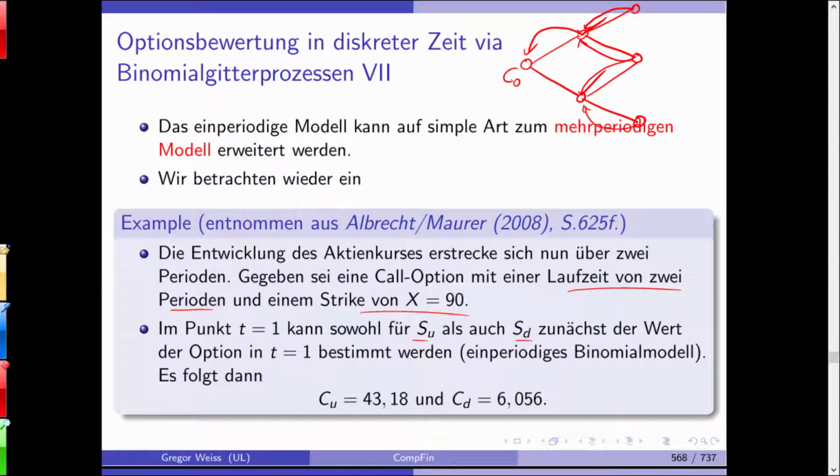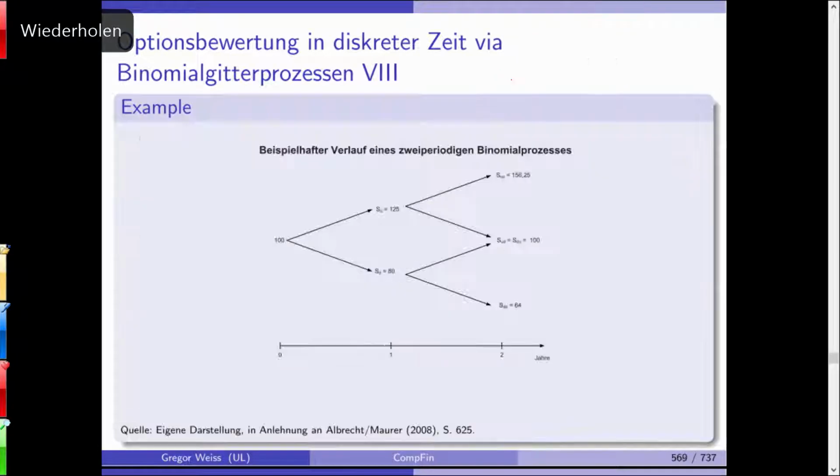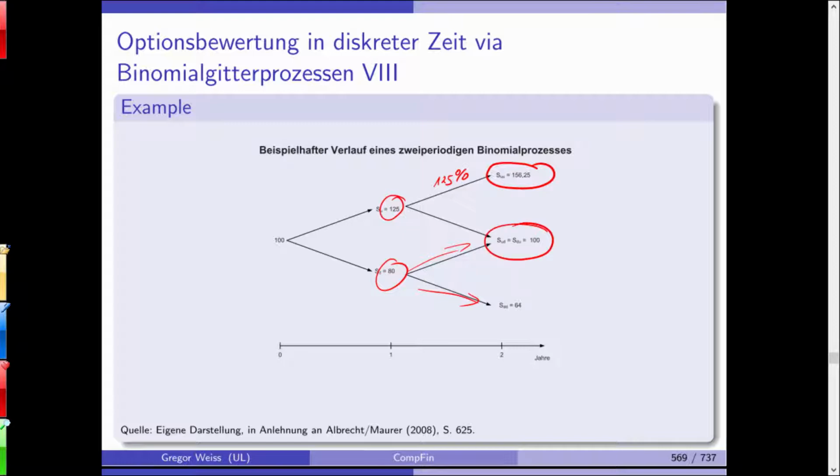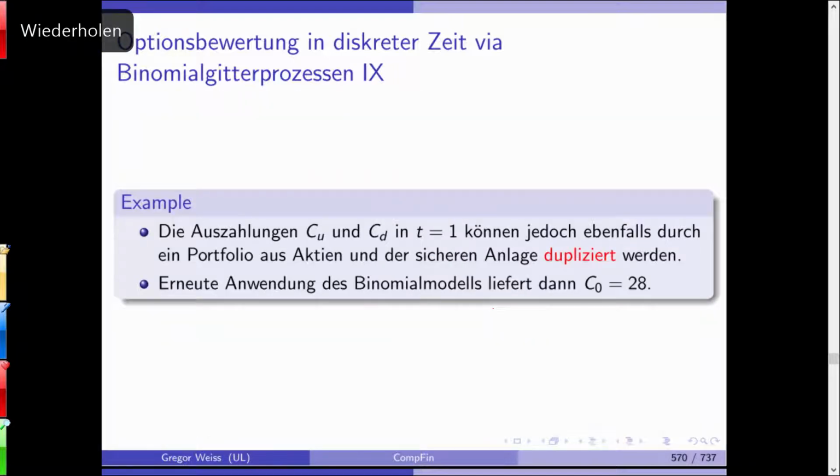Yes, you simply repeat this process recursively, going from right to left. And this is shown here. You have 125 and 80 times 125%. Then it can go down up here, or it can go down again. And you now get 3 states. And then you go up and down.